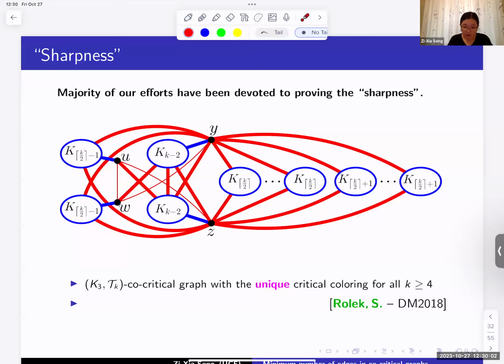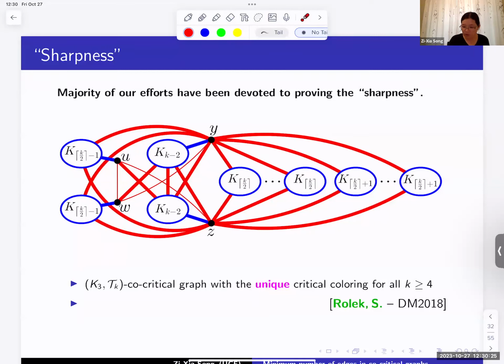Before 2022, my strategy was to construct one with a unique critical coloring. And I want to show you how we prove such a graph is co-critical. At least you see the critical coloring. The coloring I showed you is a critical coloring. The trouble is to convince me you have a unique critical coloring, up to symmetry.